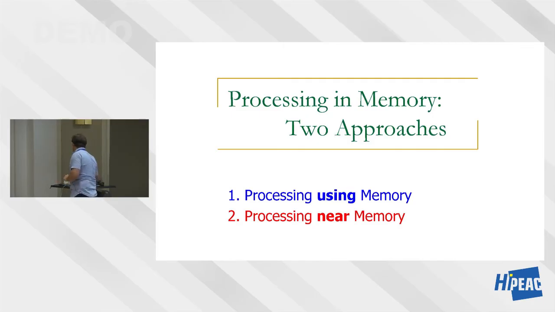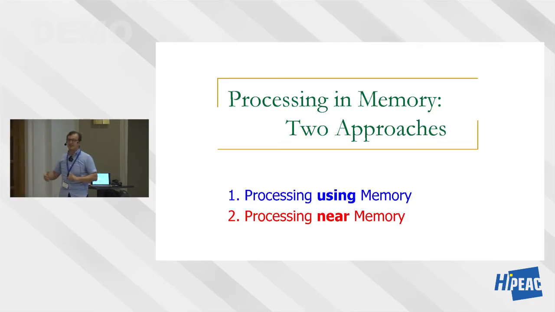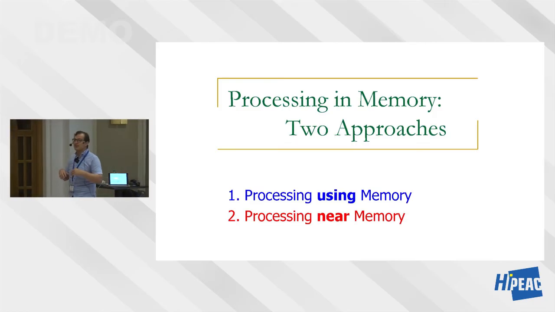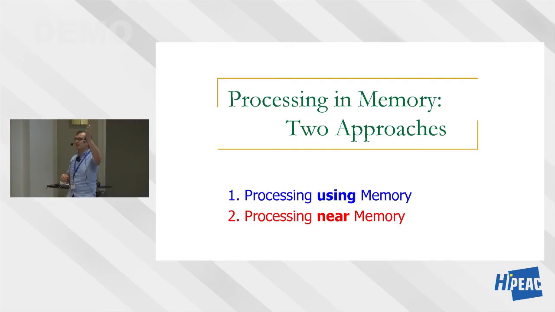But there's something else that people have not looked at until the early 2010s, at least as far as I know, and we haven't found any evidence for that. This is more analog. Analog computing is old, of course, but analog processing using memory is something different. So you have logic. Today you design logic, and then you have memory, you design memory. Forget about logic. I don't care about logic.